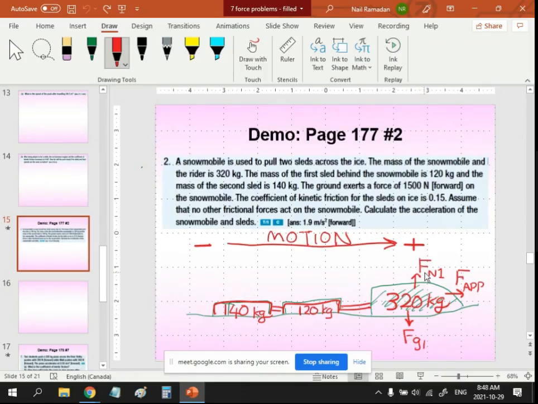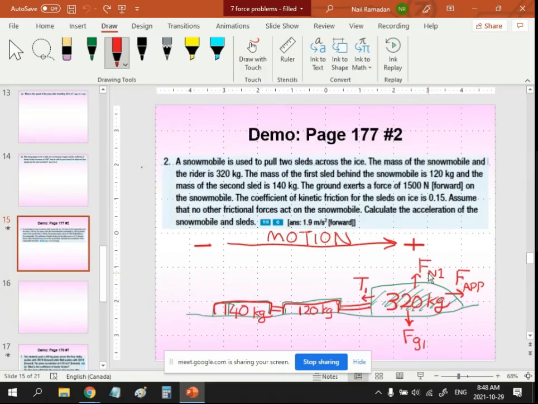But is there tension under it? Yes, in this rope right here. So you put T, and we're going to call it T1. Are there any other forces on the snowmobile? No other tensions, no other gravity, no other normal, no other applied, and no friction.